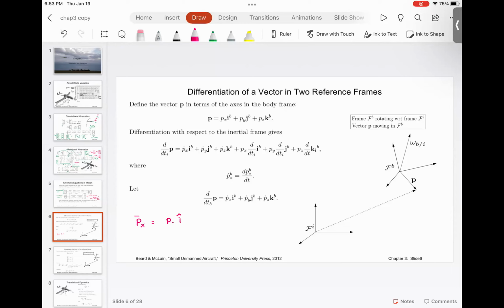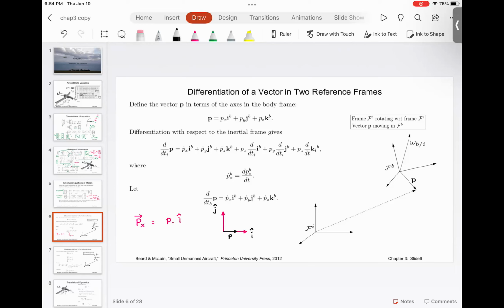This is a vector. So what I'm going to do is draw an arrow, something like this. This is I and this is J. And I'm going to say this is my P.